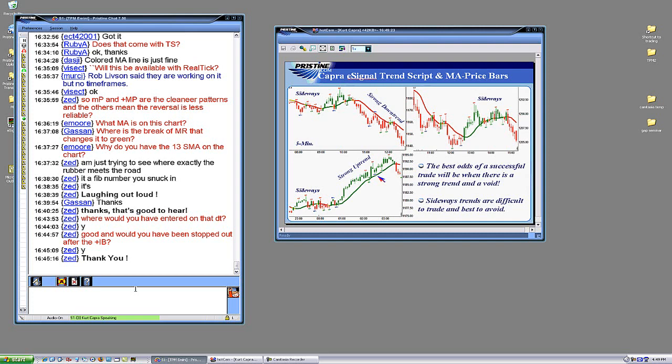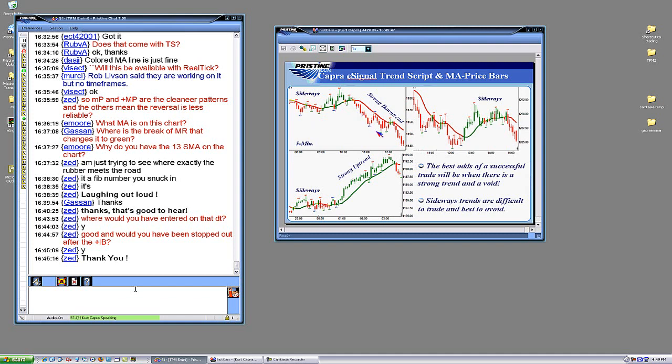Here we're looking at different trends. Sideways trend here on the 5-minute becomes a strong downtrend. We could see that supply was increasing. So in this overlap, we just want to sit it out, avoid getting chopped up here.